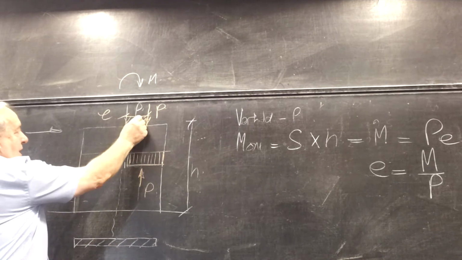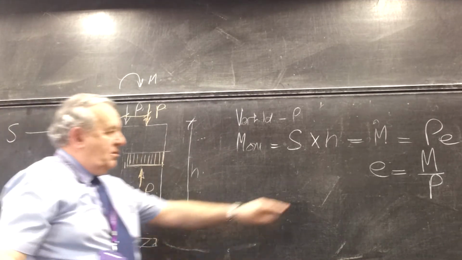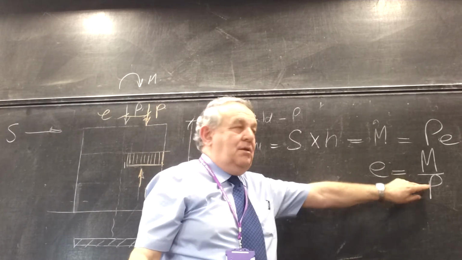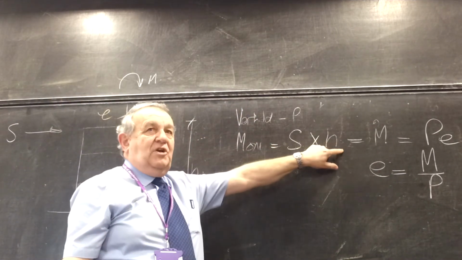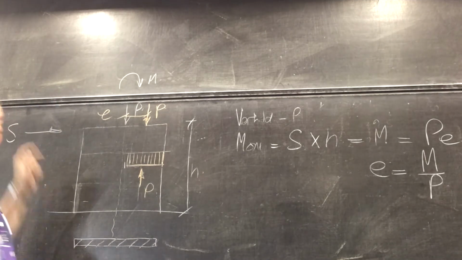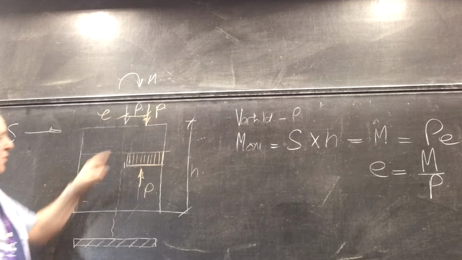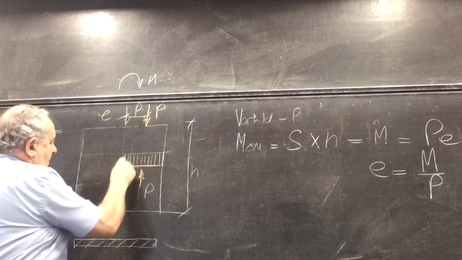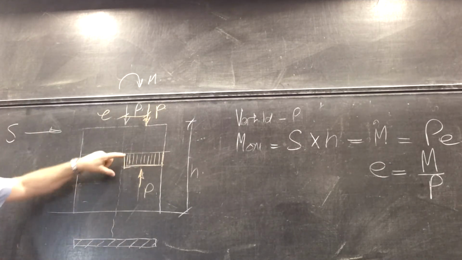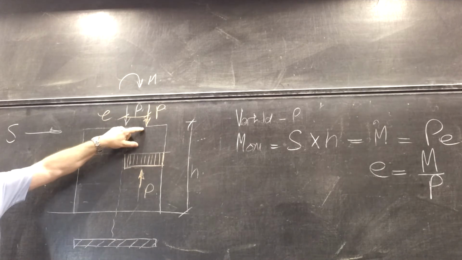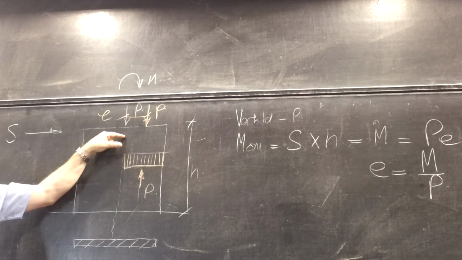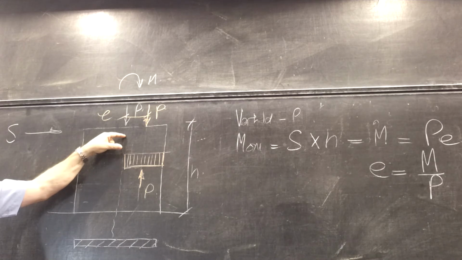So if we can calculate E, which is M over P, M is S times H, S is what we got from what we did there before. We can now look at the stresses in the wall that resist this combined shear and vertical load.